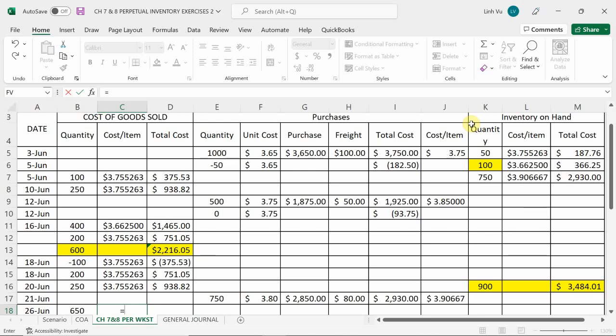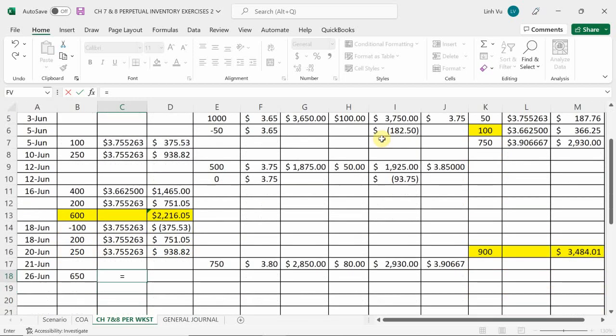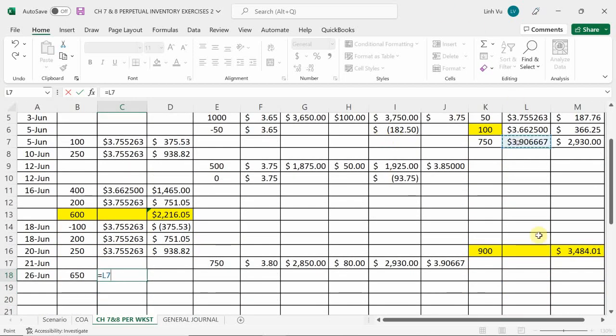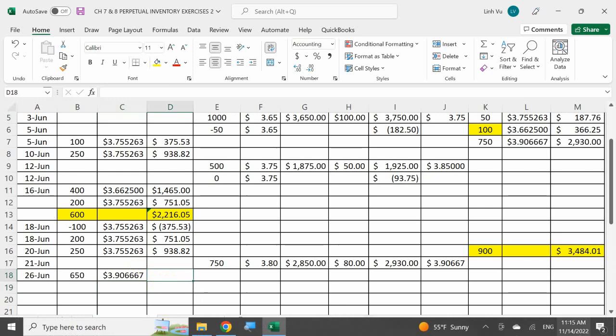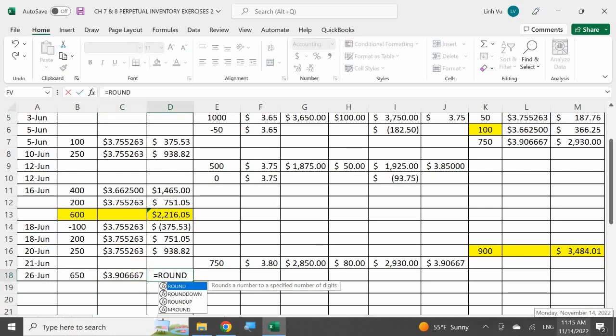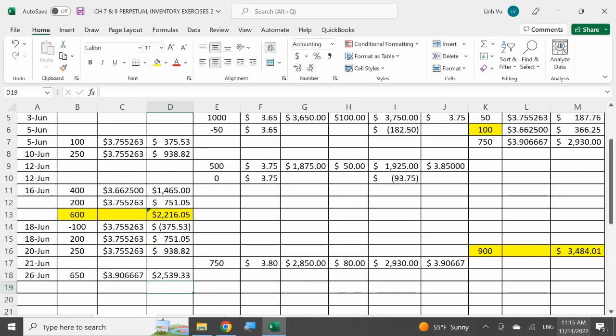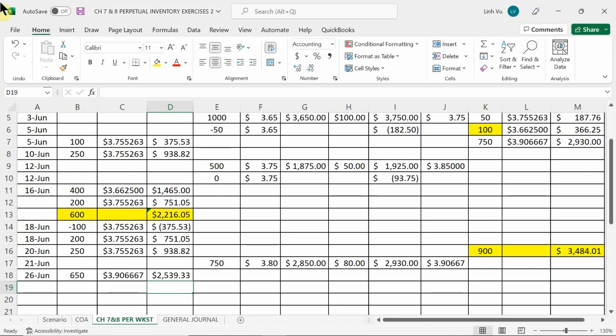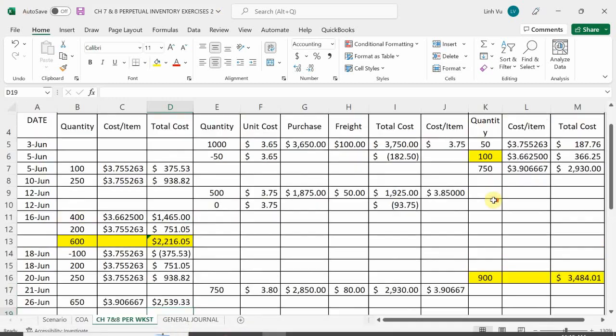And because we're using the rules of LIFO, I'm going to sell my latest batch that I just purchased here, which is currently at $3.96666666. So, how much is my grand total cost of goods sold here? It should be $2,539.33.